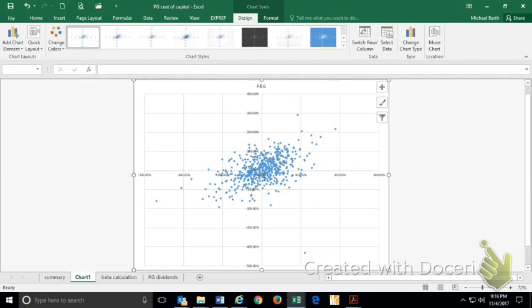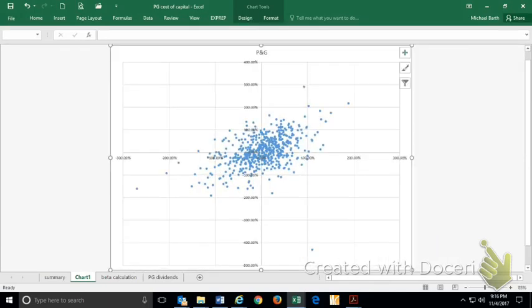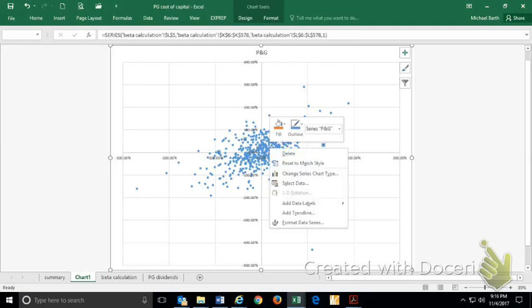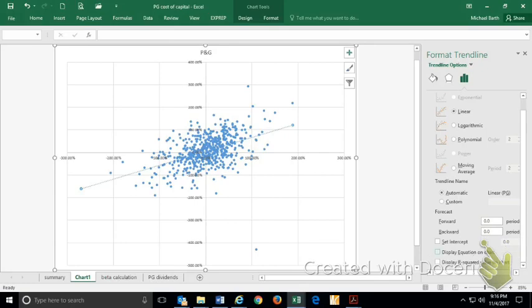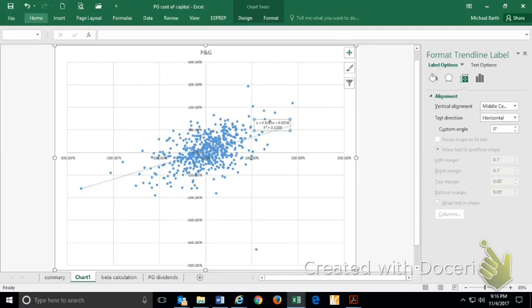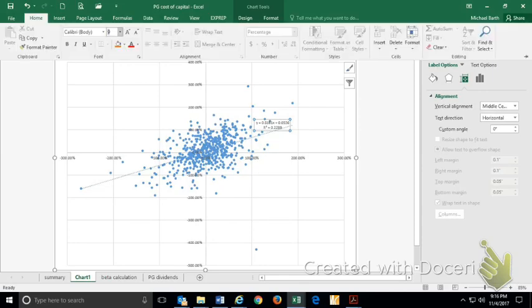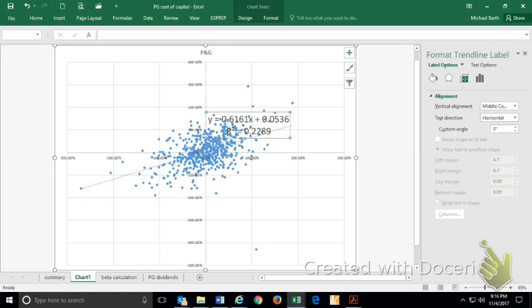All I have to do here is add a trend line. I'm going to go with a linear trend line and display the equation on the chart. And of course you can't see that, so I'll make it bigger. But that's essentially the capital asset pricing model numbers that we just came up with.